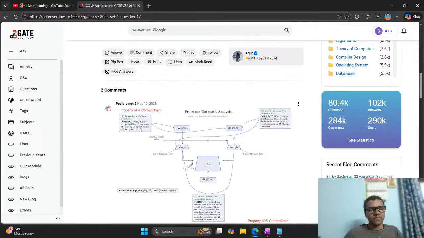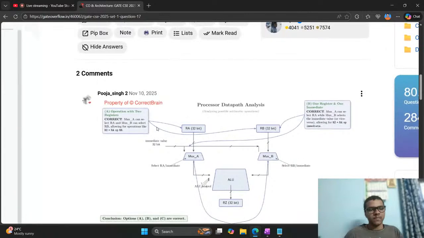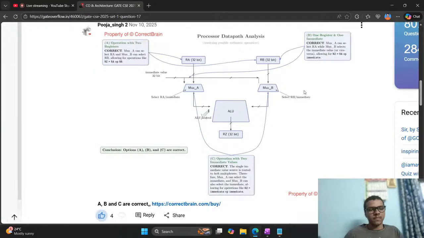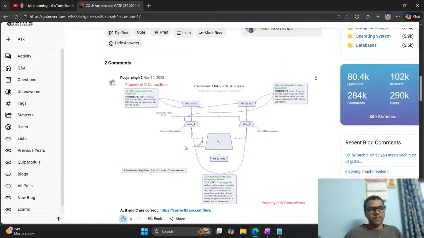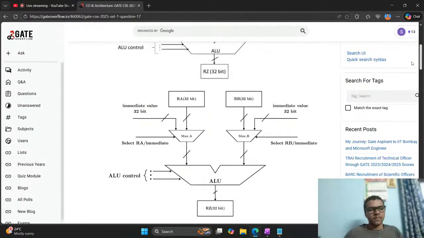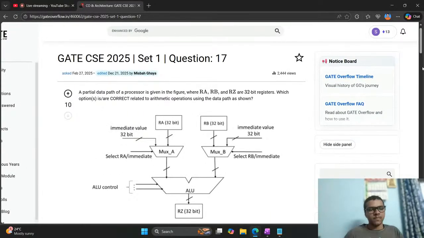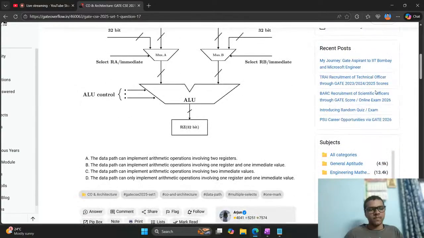Mux A can select RA and Mux B. Okay. A multiplexer can select one of these two, right? Why is option D wrong? Because something like only is given. Only is given, right?